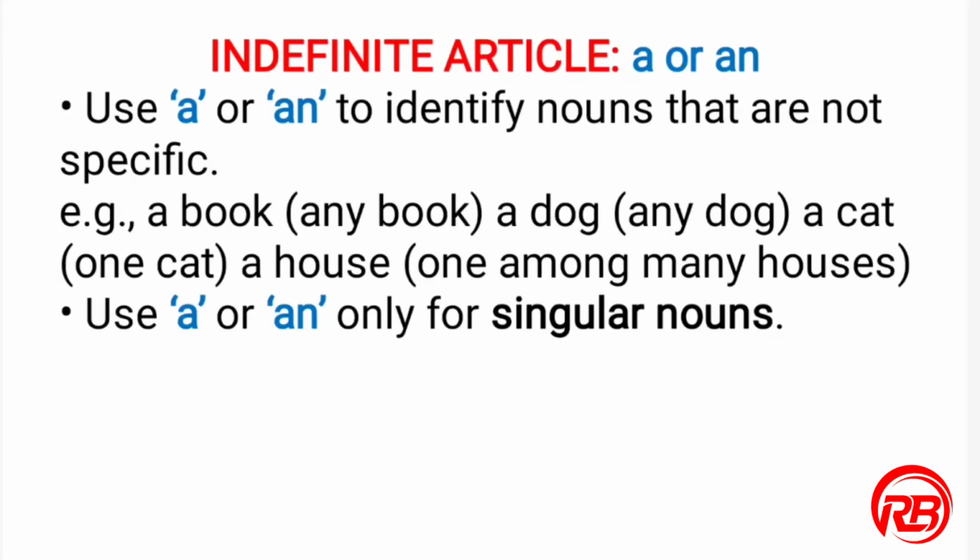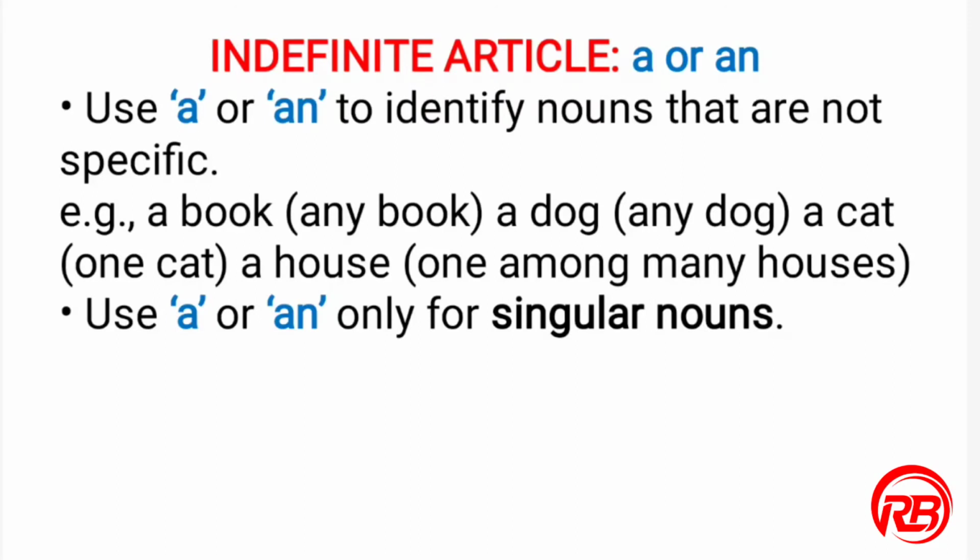The next thing we are about to discuss is the indefinite article. A or an is an indefinite article. Where do we have to use a or an? Use a or an to identify nouns that are not specific.